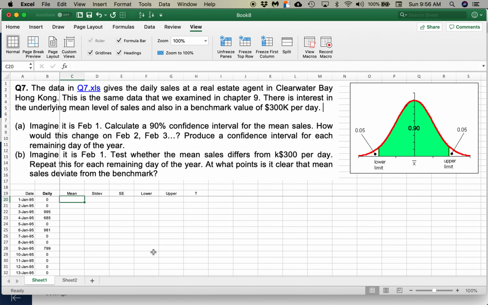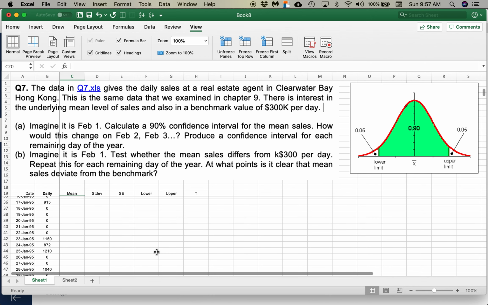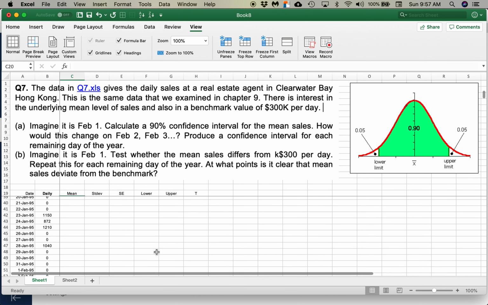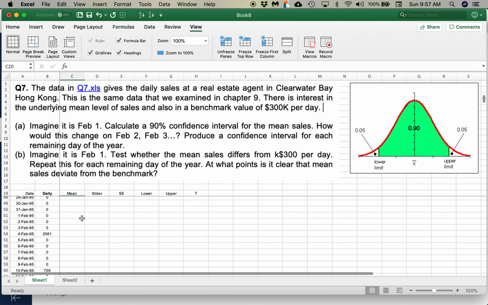And so now if I scroll, it doesn't change the fact that I still see my header row. So I can scroll down to February 1st, which is right here, and I want to calculate the mean of all sales up to and including February 1st.